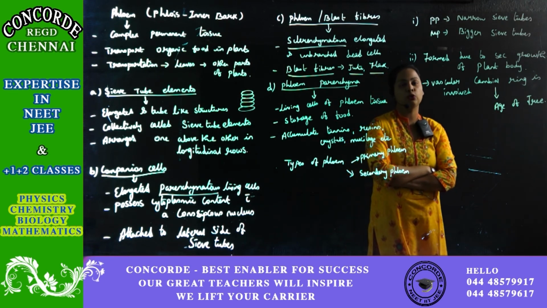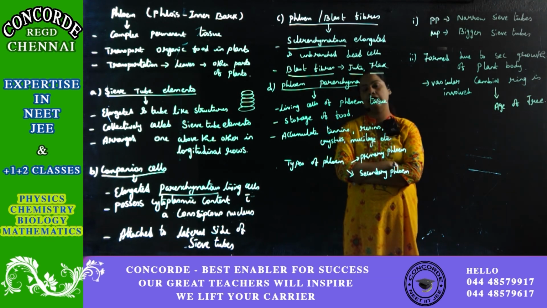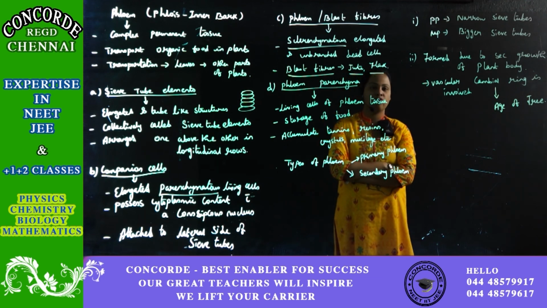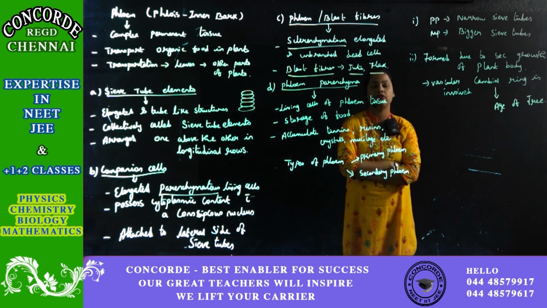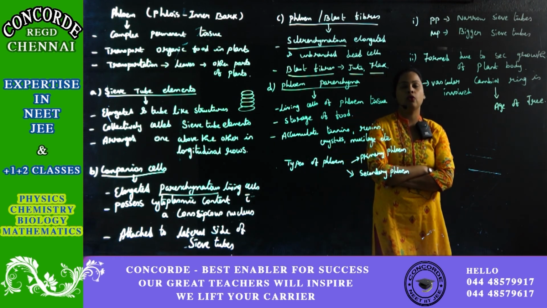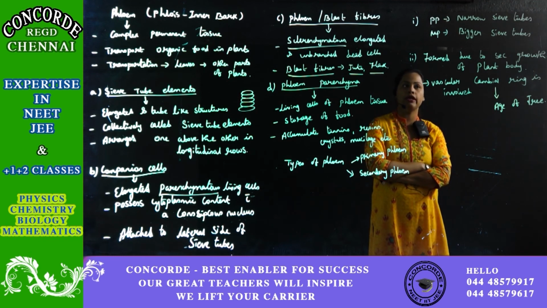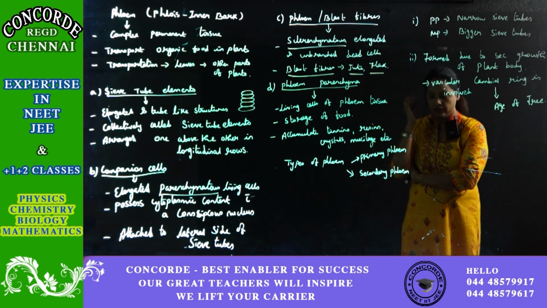Next we move on to types of phloem. There are two types of phloem, primary phloem and secondary phloem. First we concentrate on the primary phloem. Primary phloem has two structures: protophloem and metaphloem. Protophloem has narrow sieve tubes. Metaphloem has broader or bigger sieve tubes. Next we move on to secondary phloem.